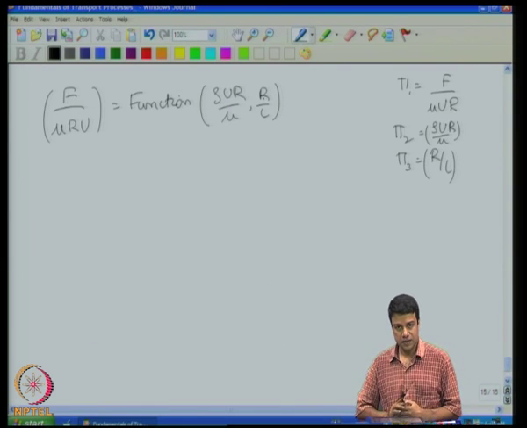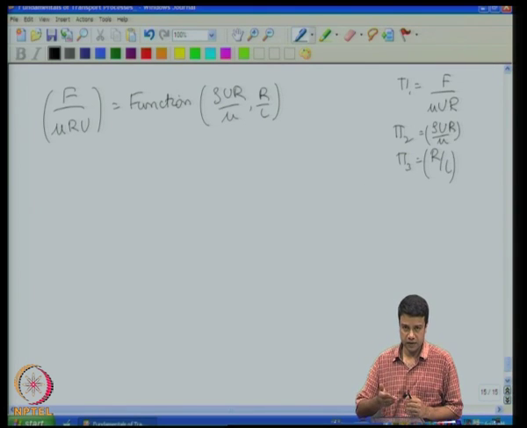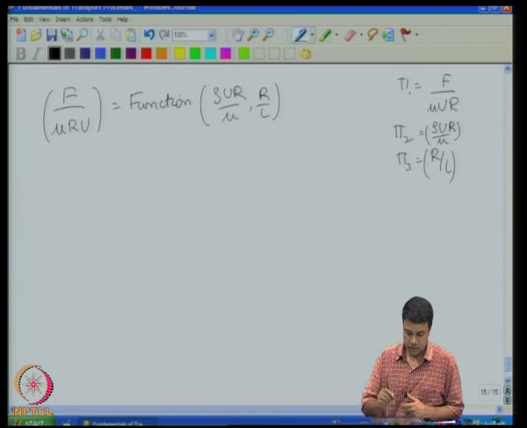Okay. So, this has significantly reduced the amount of experimentation that I need to do in order to find out what those dimensionless groups are. Rather than varying the density, varying the velocity, varying the radius, varying the viscosity, I just need to vary the Reynolds number and this ratio of lengths alone.